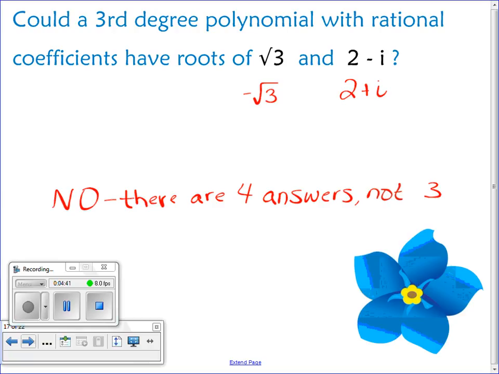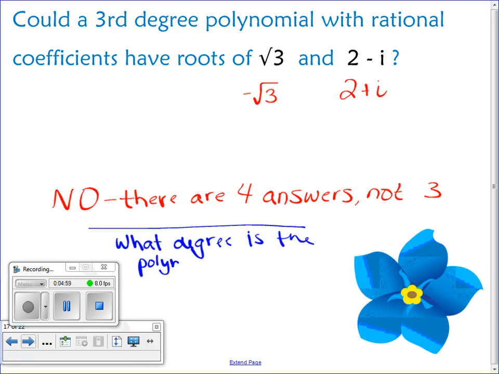Okay, so little side note in your notes here. I want you guys to tell me what degree is the polynomial. So if I told you it had roots of 4, negative 3, 2i, and negative radical 6.